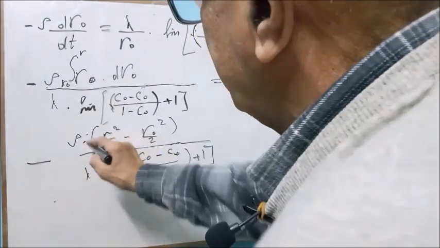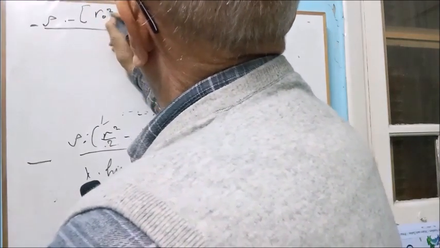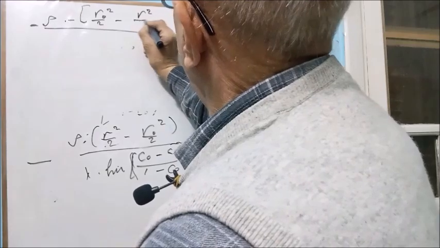Here, we'll take the minus common factor. This is minus rho over, we take minus common factor from these brackets, it becomes R0 squared over 2 minus r squared over 2.